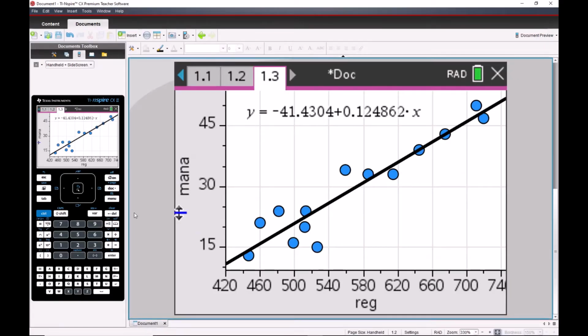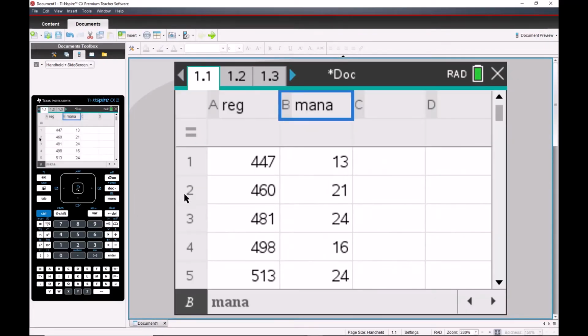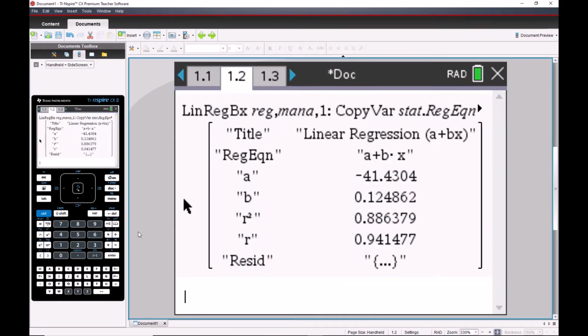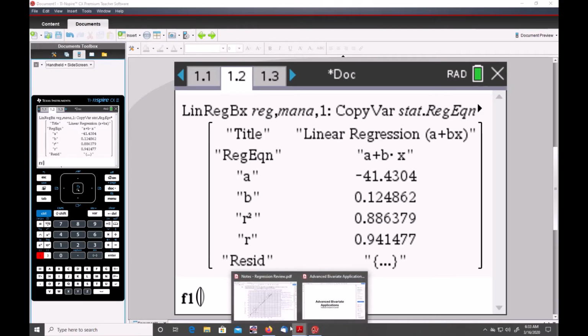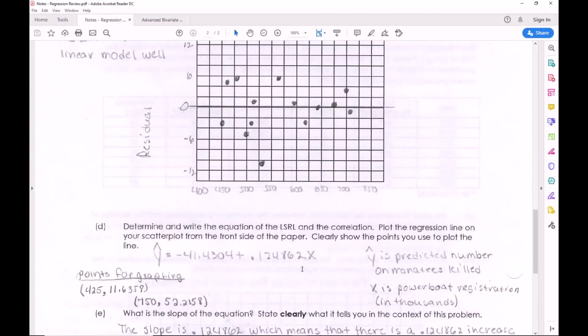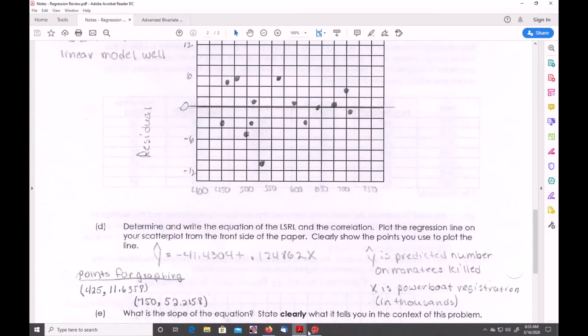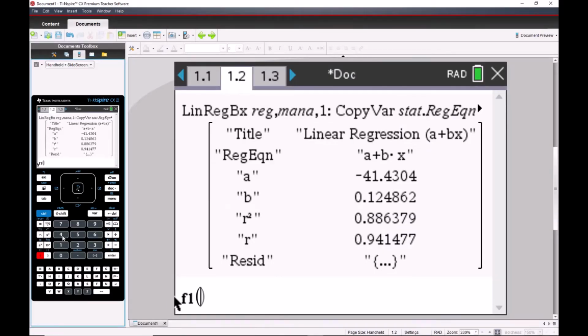All right. So going back to the calculator page, remember we have this stored as F1. So if you actually type in F1, see how it gets bold? I went ahead and did something low on the domain. I think it was, what was it again? Can't remember. But let me scoot up and look at it. 425 and 750. So put in 425 as an input.